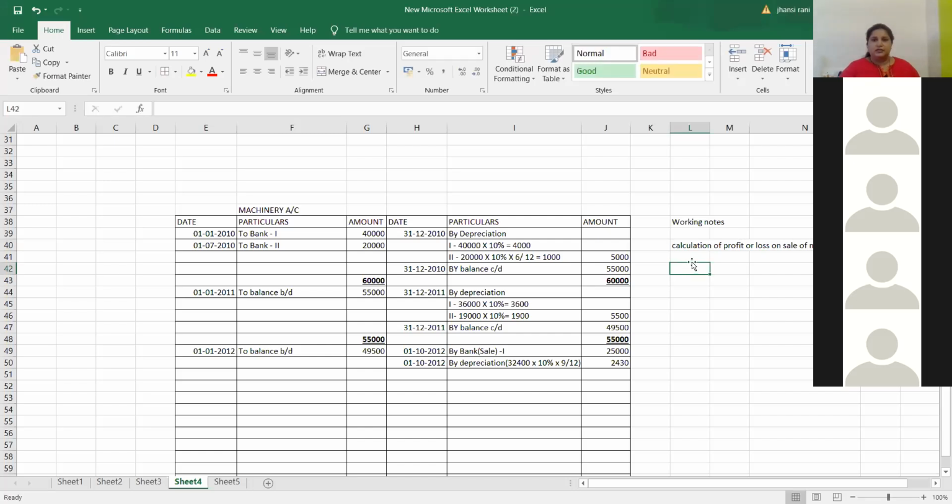Below that I'll write: machine purchased on 1/1/2010, because the first machine only we are selling. We purchased it for 40,000, and in the first year we provided depreciation, so less depreciation. As it is a diminishing balance method, we calculate it on the balance only. So in the first year we had a depreciation of 4,000.